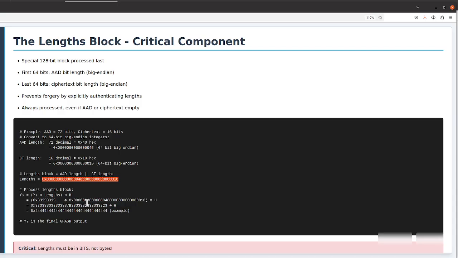We compute Y3 equal to Y2 XOR lengths block, multiplied by H. The XOR of 0x44...44 and 0x00...80 gives 0x44...C4 44. The 0x80 changes some of the 0 bits in the 44 bytes. Multiply this by H in the Galois field to get Y3. Let's say the result is 0x55...55. This Y3 is the final GHASH output.